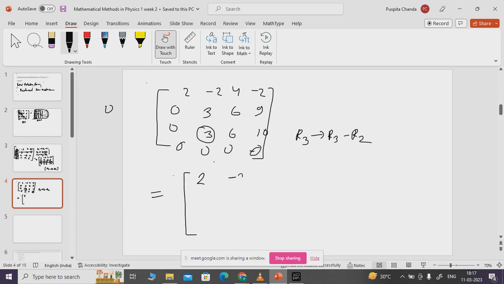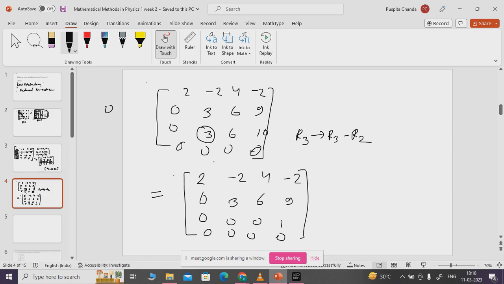So it will become 2, minus 2, 4, minus 2, 0, 3, 6, 9, 0, 0, 0, 1 and 0, 0, 0, 0.